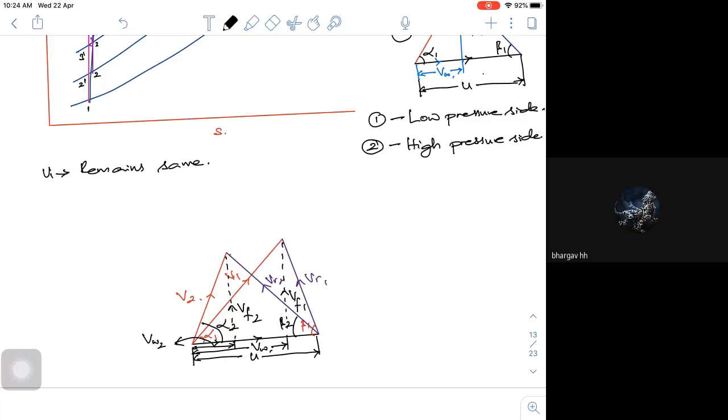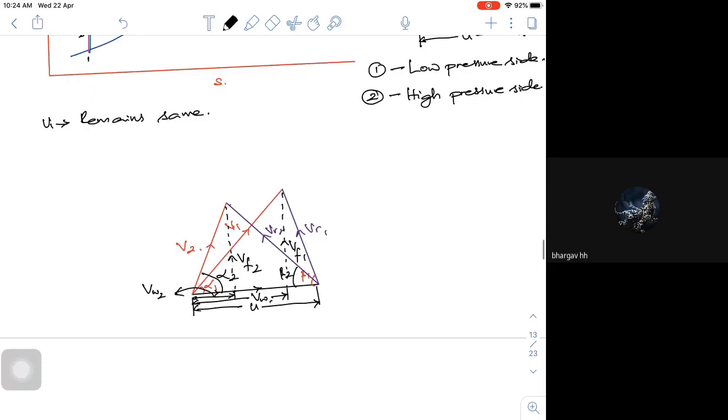So I can draw a combined velocity triangle here. Maybe I have not drawn to scale. VF1 and VF2 are the same. Maybe after the class I'll redraw this and upload it. VF1 is equal to VF2. This is how you're supposed to draw a combined one.